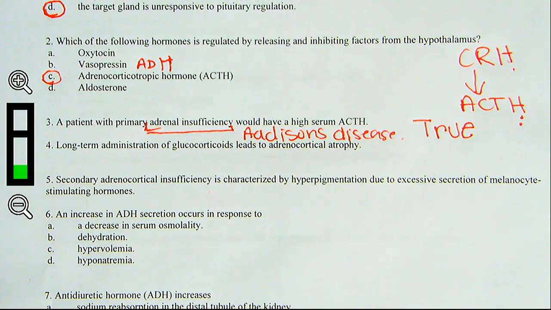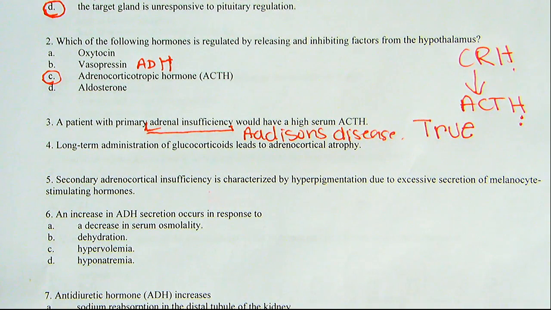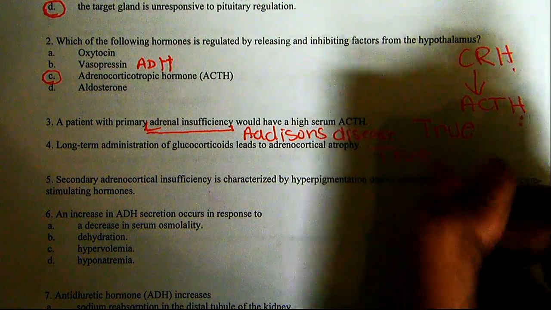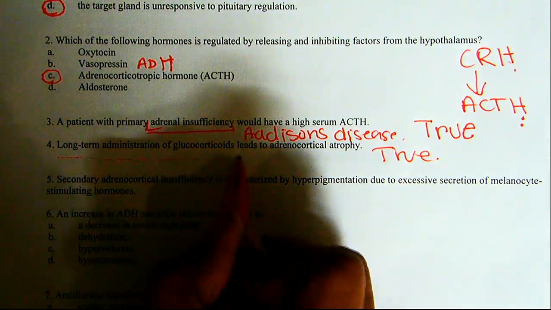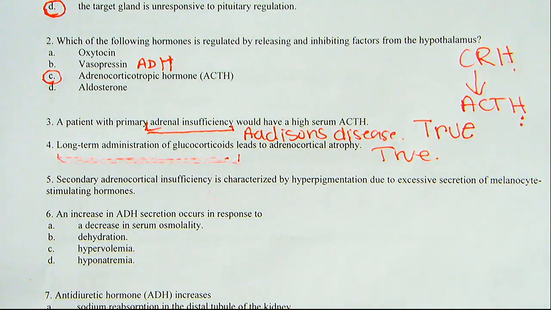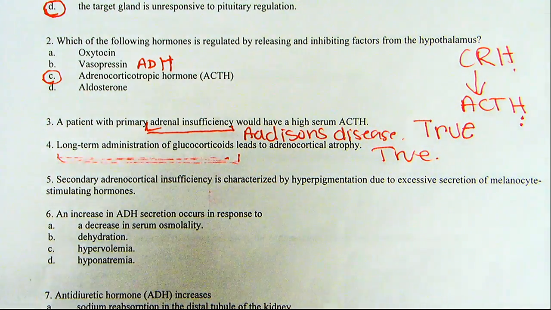Number 4. Long-term administration of glucocorticoids leads to adrenocortical atrophy. True or false? This one would be true. Remember that the glucocorticoids, so this could be iatrogenic, so the physician is inducing too much production of cortisol, right?